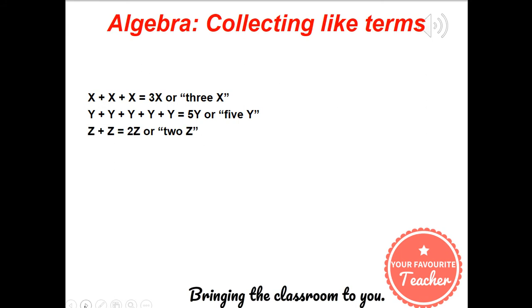And z plus z is simply 2z. We can then add together 3x's plus 4x's to get 7x's. Or we can say we have 5y's, and if we minus 3y's, we end up with 2y's.